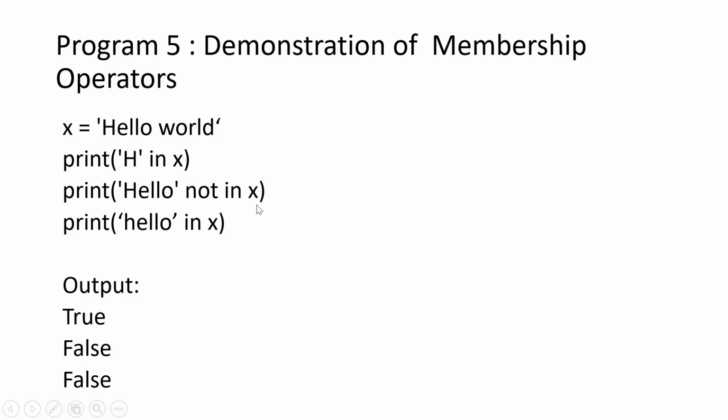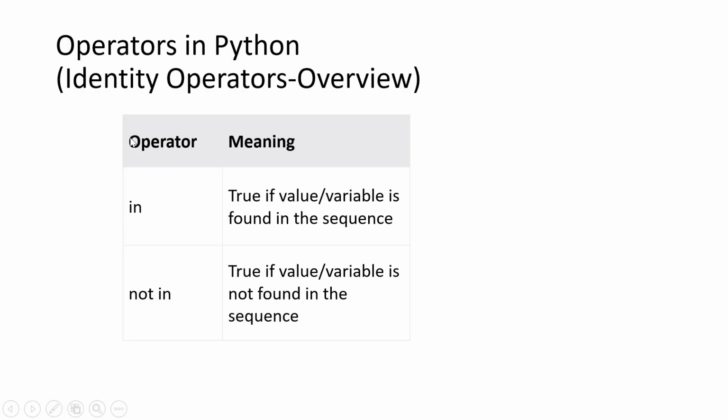Then hello not in x: this statement is not true because hello is available in hello world, so it will return a false. And this statement will again return a false because this Hello is not the same as this hello. So the in operator returns a true if the value or variable is found in a sequence. not in returns a true if the value or variable is not found in a sequence.